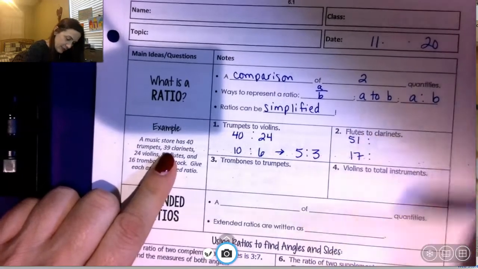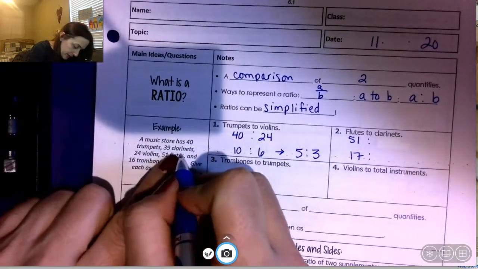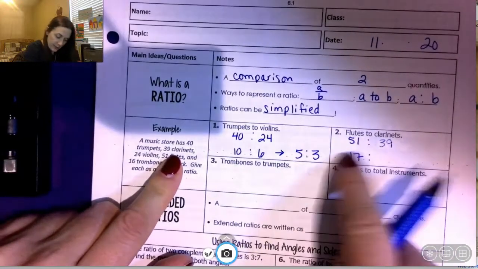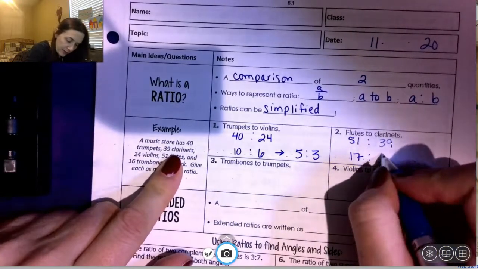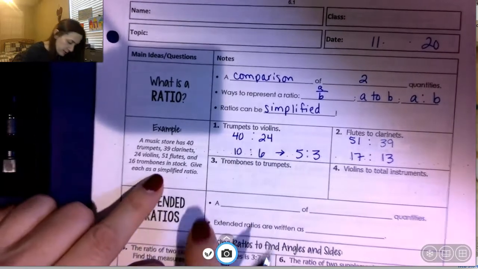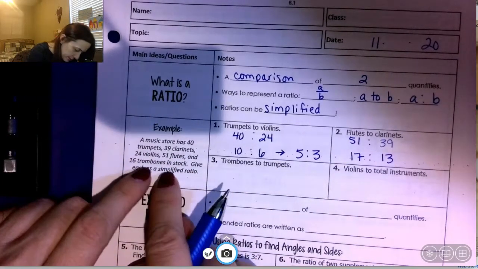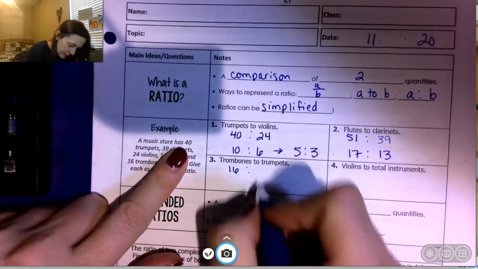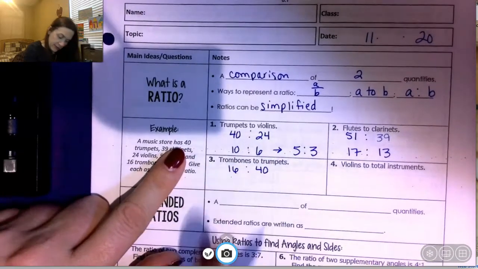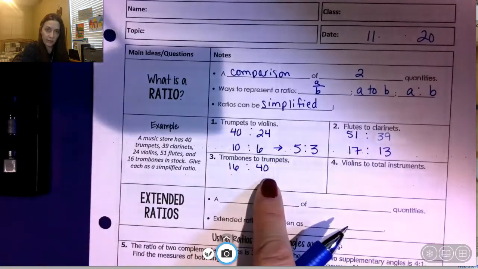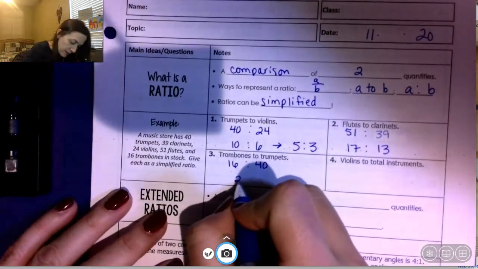Mistakes galore. Make sure you're really careful. 39 clarinets, not the 24. Again, still divisible by 3. 39 divided by 3 will give me 13. So there we go. Trombones to trumpets: 16 trombones to 40 trumpets, divisible by 4, also divisible by 8. So again, look for the largest one if possible: 2 to 5.